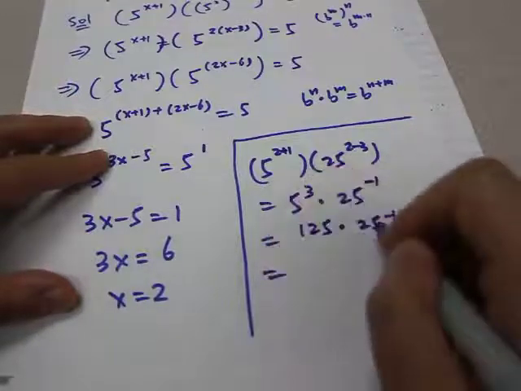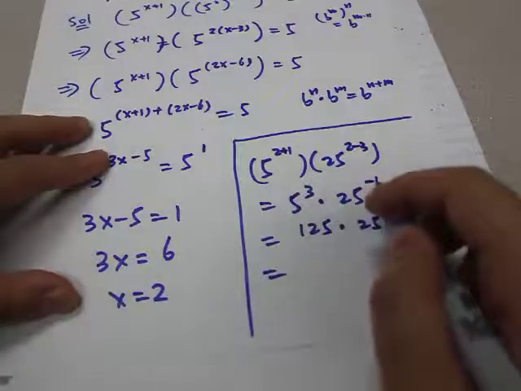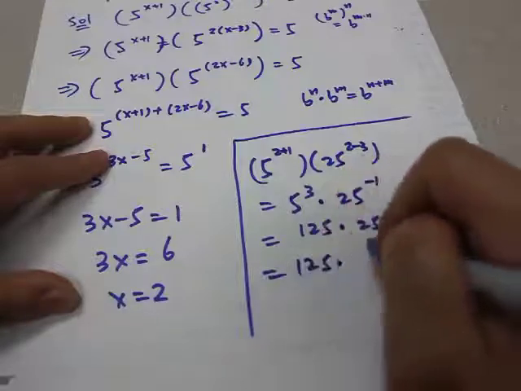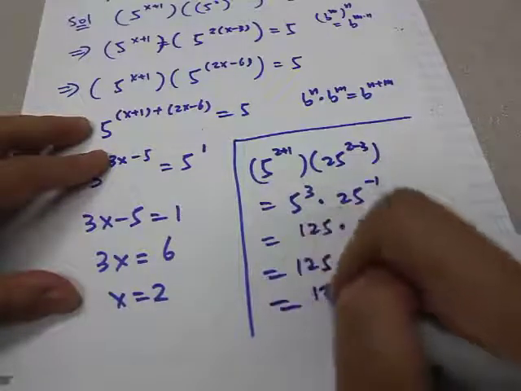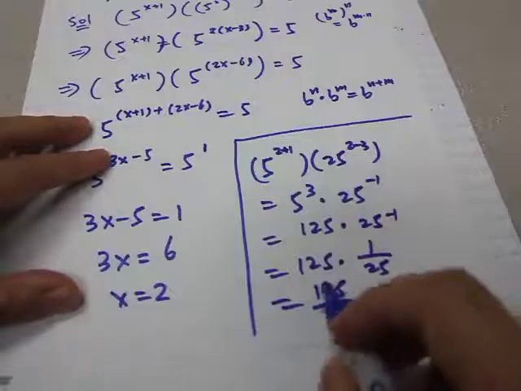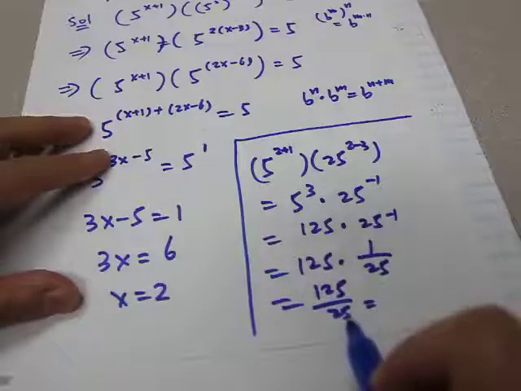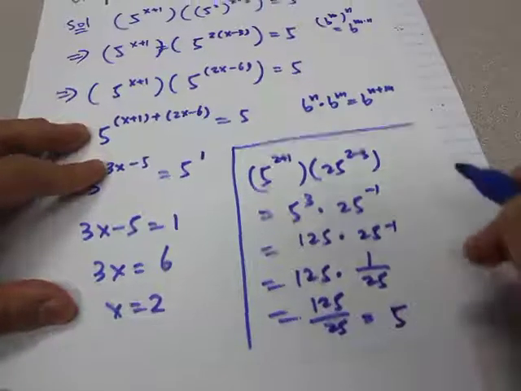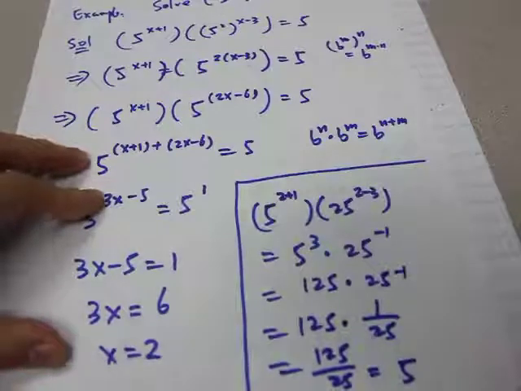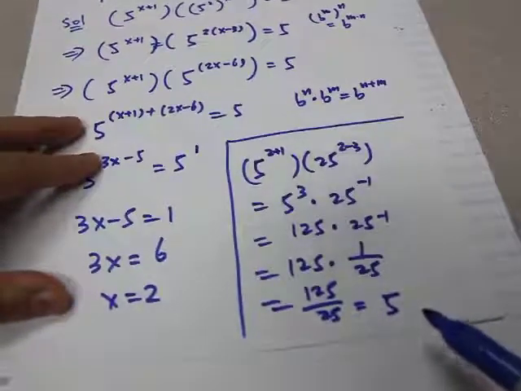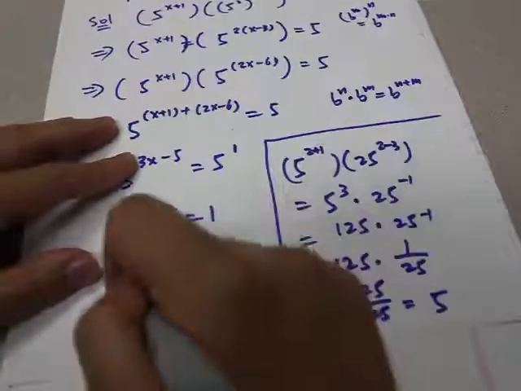And 25 to the power of negative 1, we can write this as 1 over 25. So 125 divided by 25 is equal to 5. So that's how we know our answer is correct. So the answer is 2.